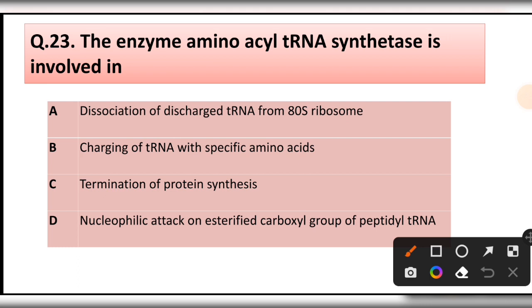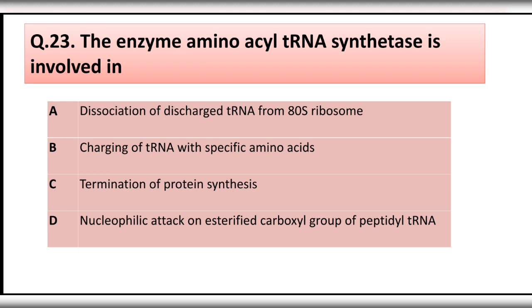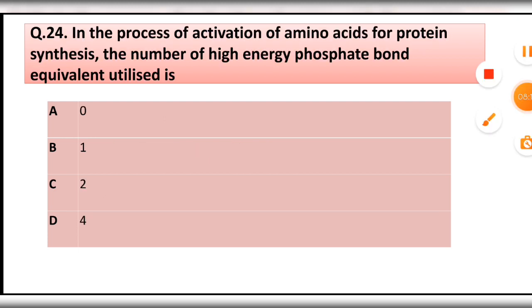23. The enzyme amino acid tRNA synthetase is involved in dissociation of discharged tRNA from the ribosome, charging of tRNA with specific amino acid, termination of protein synthesis, nucleophilic attack on esterified carboxyl group of peptidyl tRNA. Correct answer is option B, charging of tRNA with specific amino acid. 24.